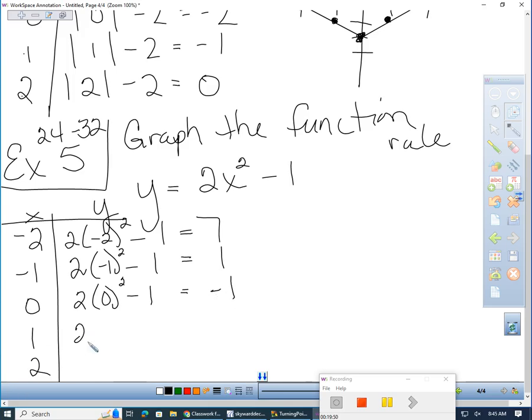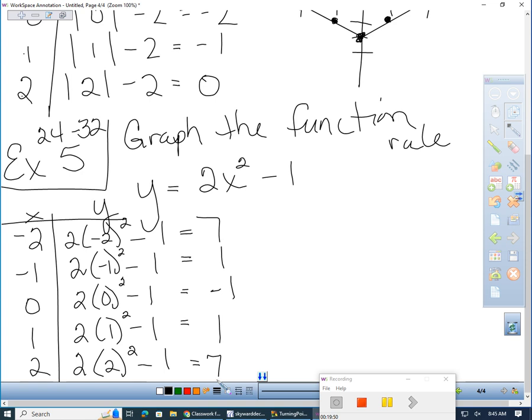This is 2 times 1 squared minus 1. 1 squared is 1 times 2 is 2. Minus 1 is 1. And the last one, 2 times 2 squared minus 1. 2 squared is 4 times 2 is 8. Minus 1 is 7. All right, we're going to graph this.